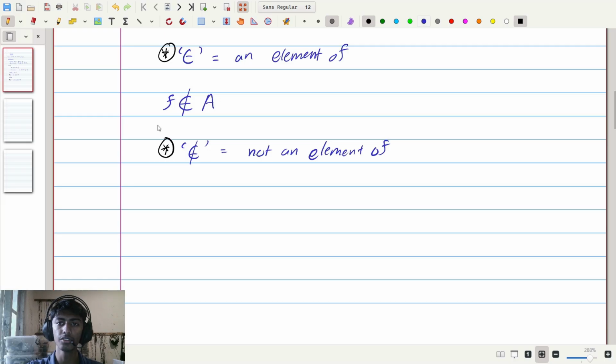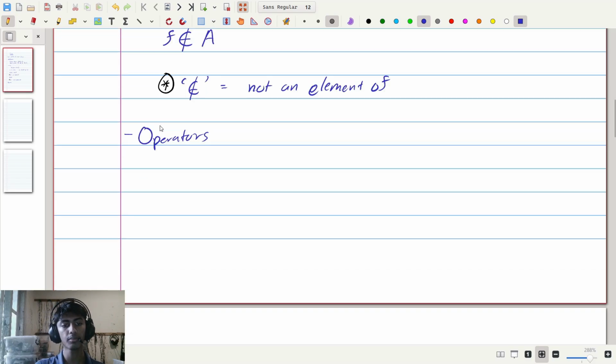Another set of symbols, here I use the word set again, are the operators. The operators on different sets. There's a bunch of operators here. I'll just list 3 of them out first.